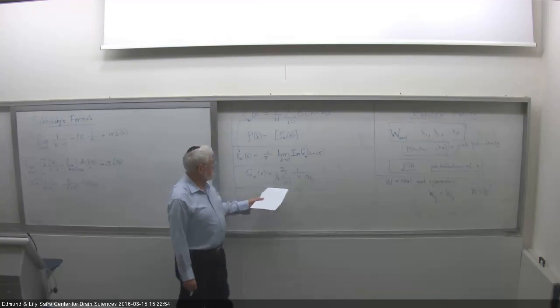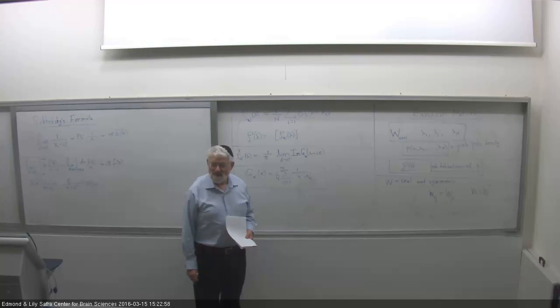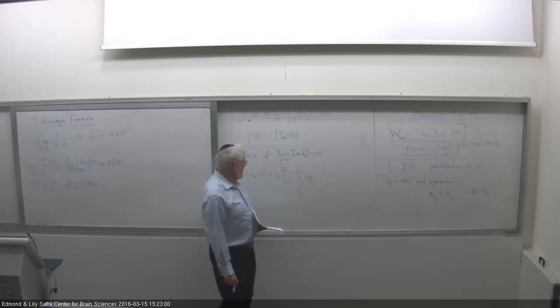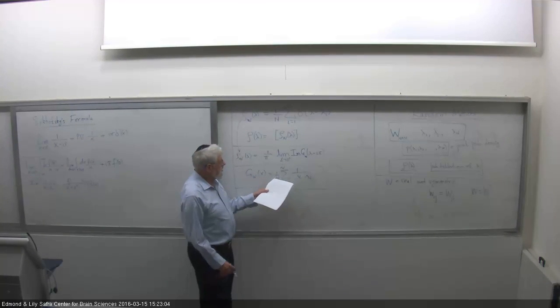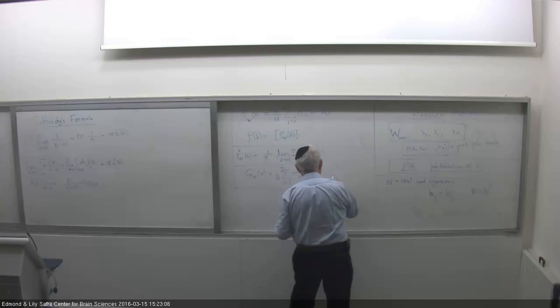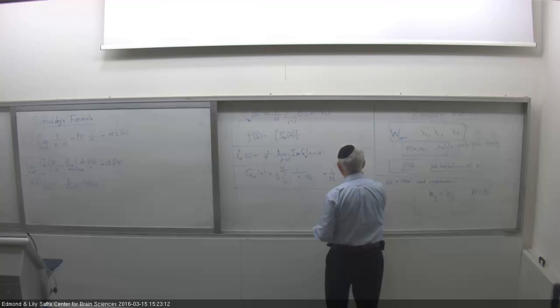It still seems to be horrible because I have lambda i to average, so I'm still in trouble. However, I can write this as 1 over n times the trace of the matrix xi minus w inverse.